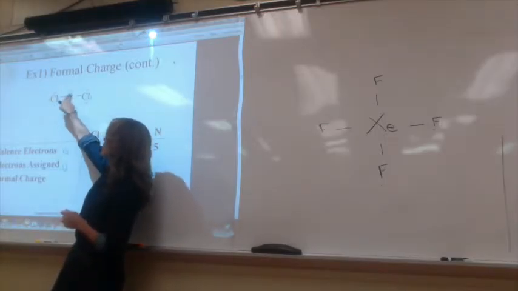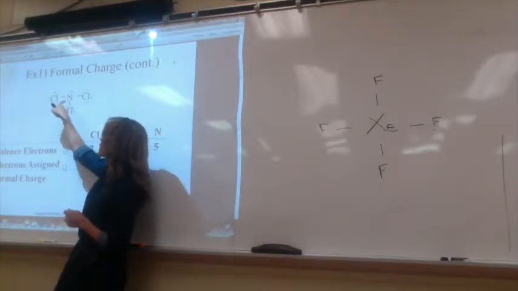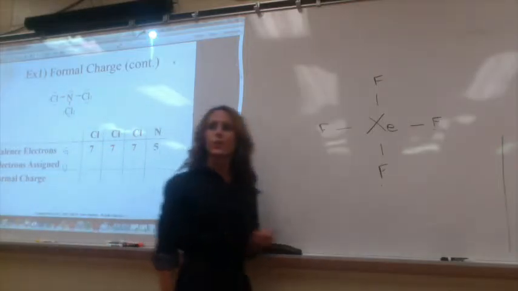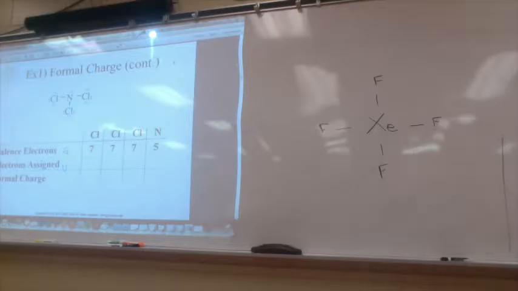Nitrogen is, look, 1, 2. Half of your bonding makes 2, 3, 4, 5. So all of them end up giving you a formal charge of 0. So this structure is more likely to occur. Make sense? Every time you draw a structure that you may or may not be confident on, you must do formal charge.